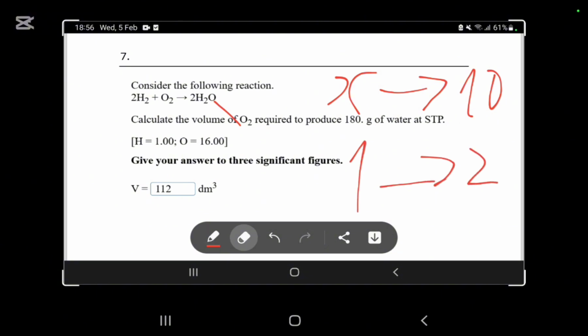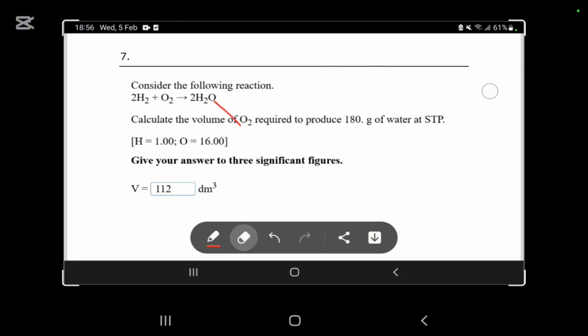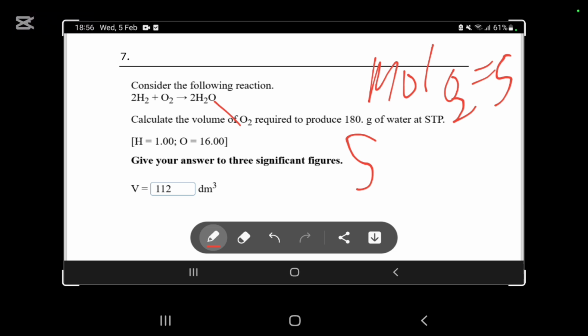We cross multiply and we get that the moles of oxygen is equal to 5. So now to find the volume, all we need to do is 5 times 22.4 since they're asking here at STP. So 5 times 22.4 will give us 112.